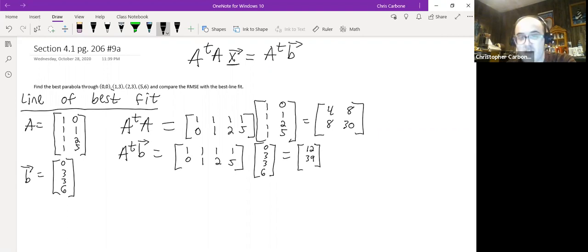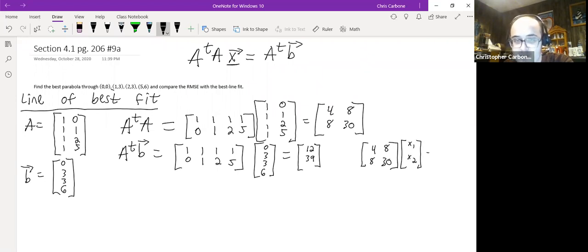So what we are essentially solving, based upon what we obtained here, is the matrix 4, 8, 8, 30 times whatever our solution is. I'm just going to use x1 and x2.